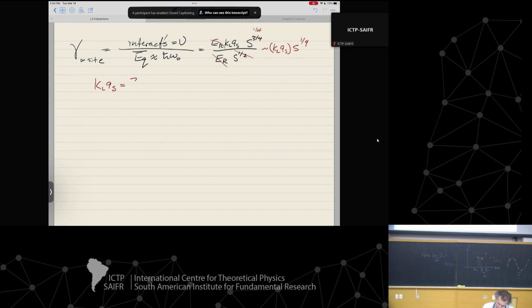k_L is 2 pi over the lattice constant. What's a typical lattice constant in nanometers? Yeah, 500, let's say. Sure, a few hundred. And what's a typical scattering length?